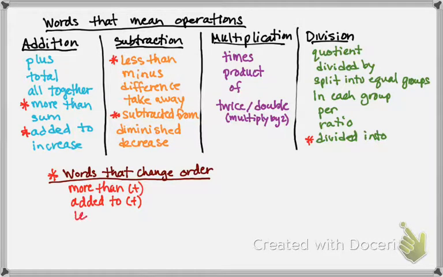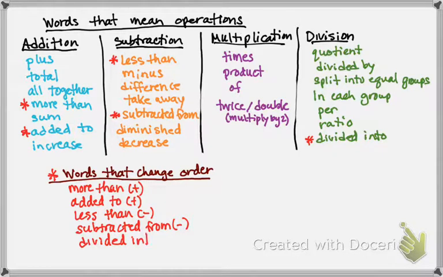We've got less than, which is subtraction. We've got subtracted from. We've got divided into. So notice we don't have any switcher phrases when it comes to multiplication. So that's our division one.